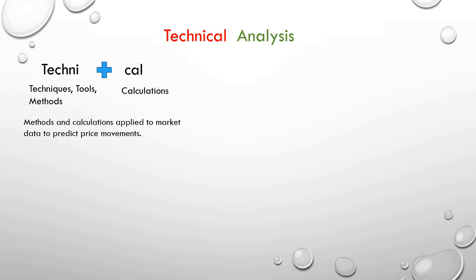Or let's say you are making your fitness chart. Every day you write your weight, and if your weight is increasing, you say you are in an upward trend. And if your weight is decreasing, that means you are losing weight, and you say you are in a downward trend. And it can also happen that your weight is stable. If your weight is stable, you say you are moving horizontally.